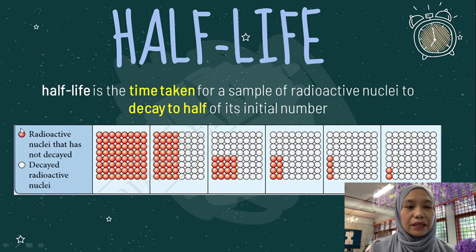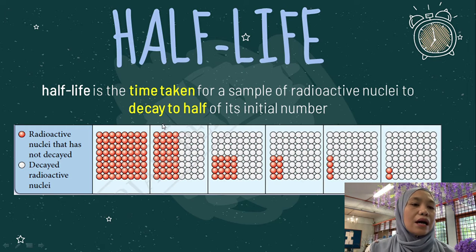Now, the table here shows that the red nuclei are the radioactive nuclei that have not decayed. This is the initial mass. And the white nuclei are the decayed radioactive nuclei.